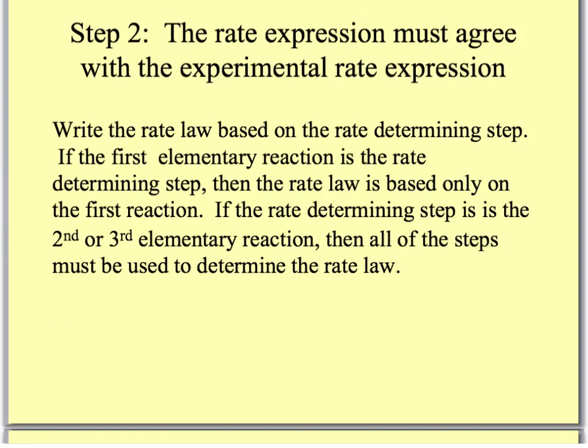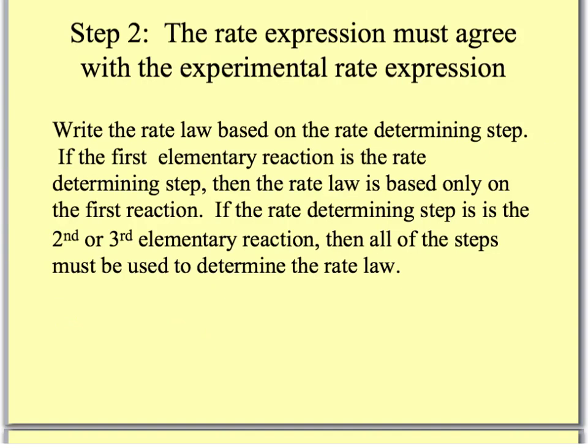The second requirement that we must satisfy in a reaction mechanism is to check to see if the rate expression based on the elementary steps is going to agree with the experimental rate expression. I'm going to look at the 3 different elementary steps that were given to me, and from there I should be able to determine which is the rate determining step.